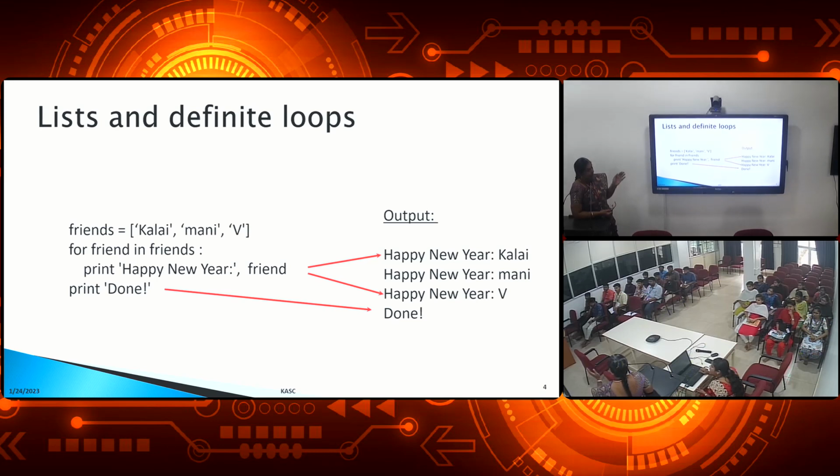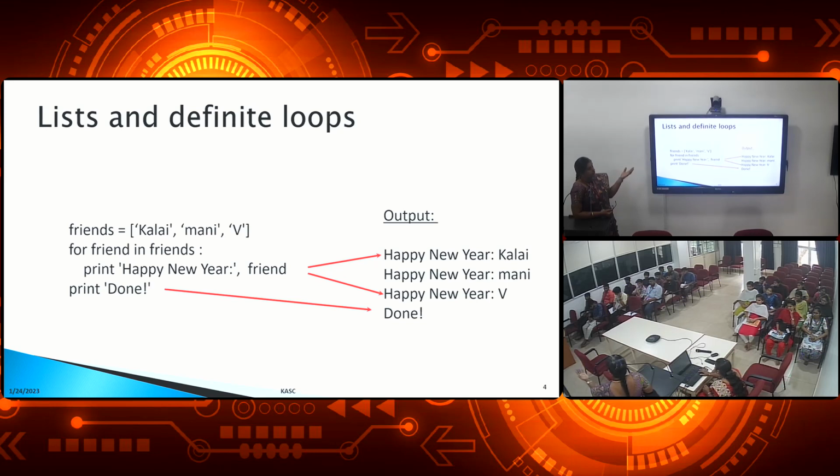So automatically what will happen each and every time is that it will pick each and every value from my list. Print happy new year Kalai, then print happy new year money, print happy new year V, then finally you are going to print something done, isn't it, right?